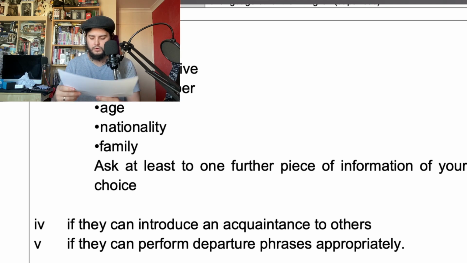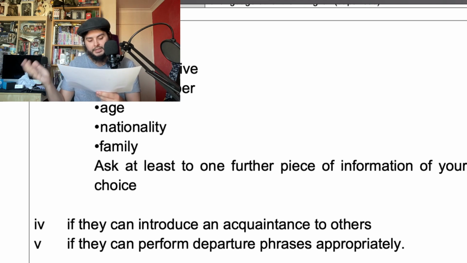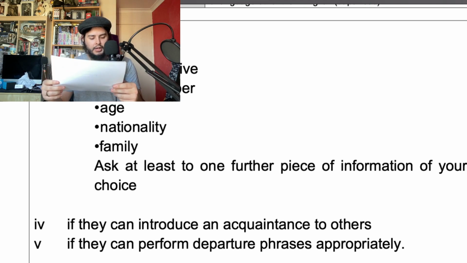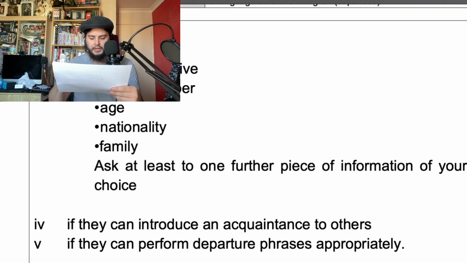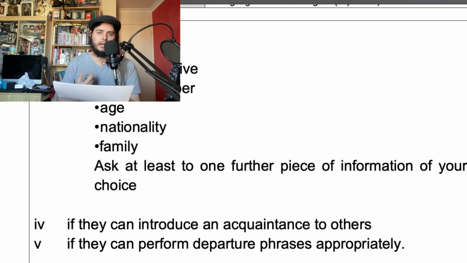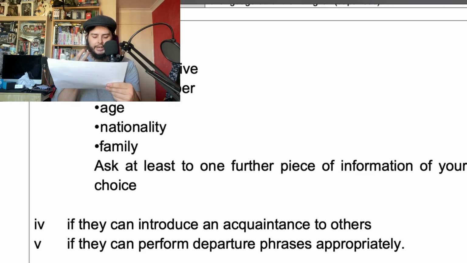And then for saying this is my friend Kairi, you get rid of kore wa, because you use kore wa for introducing your family, but you use kochira wa for your friends, and so on.